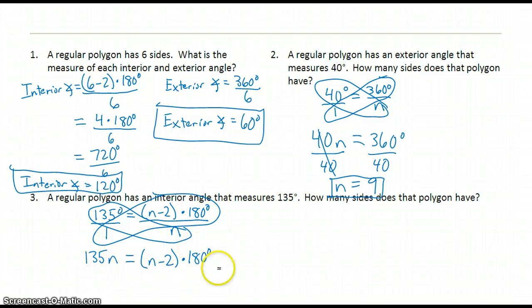At this point, I need to solve for n. In the last problem, to solve for n, all I had to do was divide by 40. In this problem, in order to solve for n, I first need to distribute. 180n minus 2 times 180 is 360.